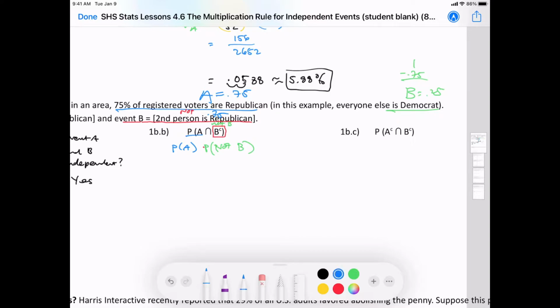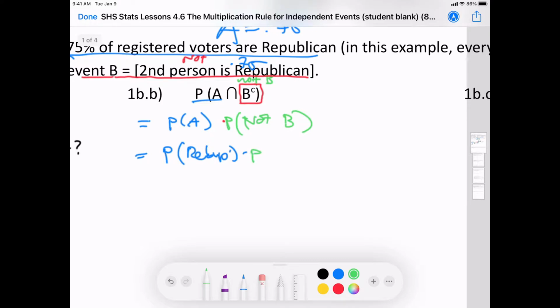So you can think of this, let me write it out more clearly. The probability of a Republican times the probability that the person is not a Republican, which is a Democrat. So this would be 0.75 times 0.25, and this would give you 0.1875.